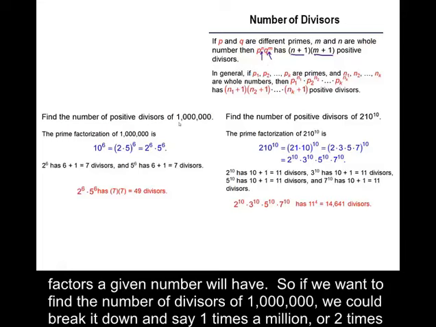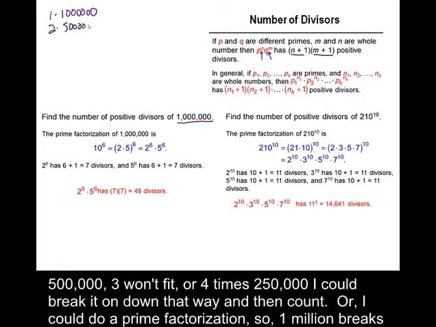So if we want to find the number of divisors of 1,000,000, we could break it down and say 1 times 1,000,000, or 2 times 500,000, 3 won't fit, or 4 times 250,000, and I could break it on down that way and then count, or I could do a prime factorization.